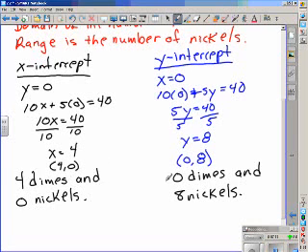Now we need to graph this equation. We use the x and the y-intercepts to do that, (4, 0) and (0, 8).